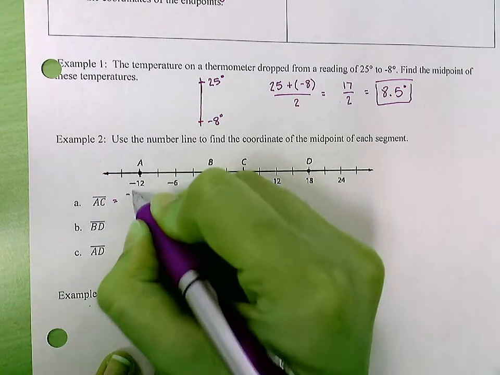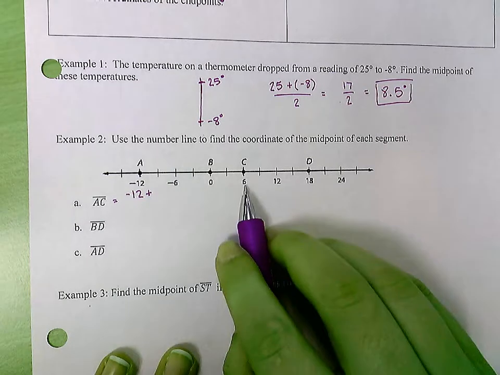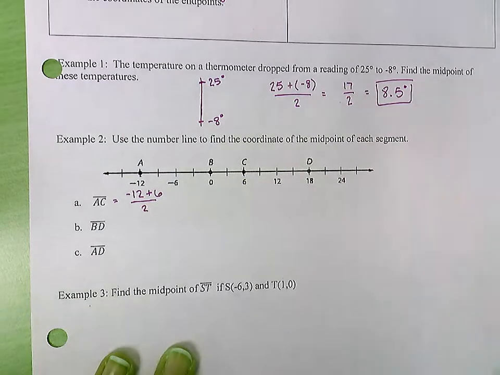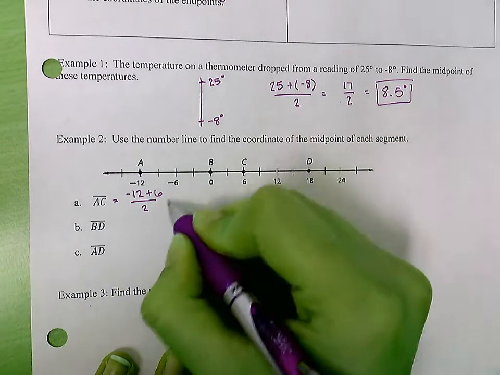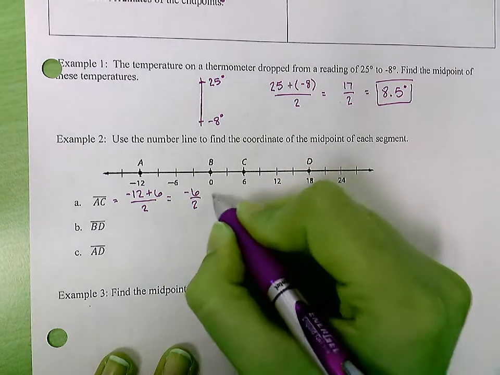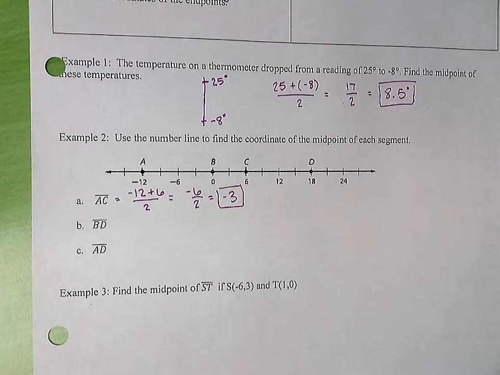We'll take negative 12, and we add on where letter C is, which is 6, and divide that by 2. We have negative 6 over 2, which is equal to negative 3. That would be your midpoint.